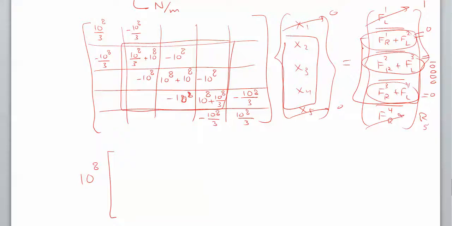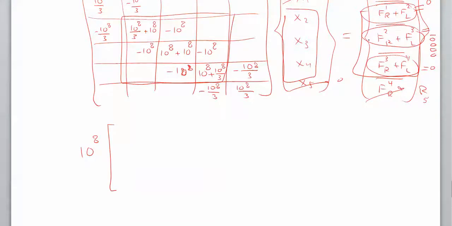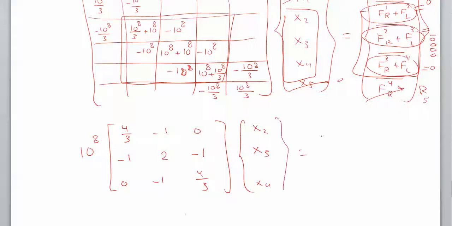So this is going to be 4/3, minus 1, 0; minus 1, 2, minus 1; 0, minus 1, 4/3, times the displacements x2, x3, and x4, equal to 0, 10,000, 10 to the 4, and 0. So now we can solve for x2, x3, and x4, and we have our displacements.